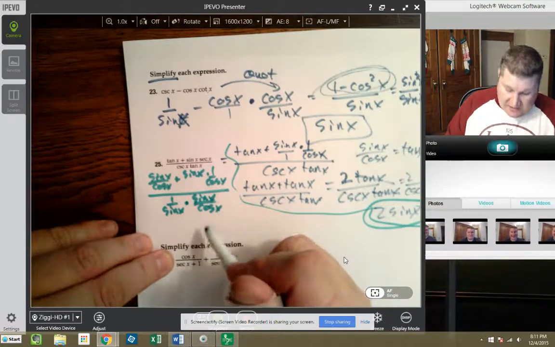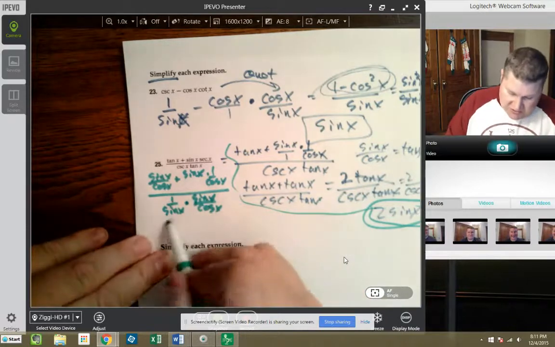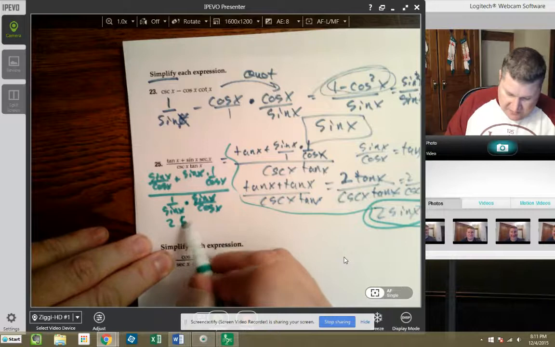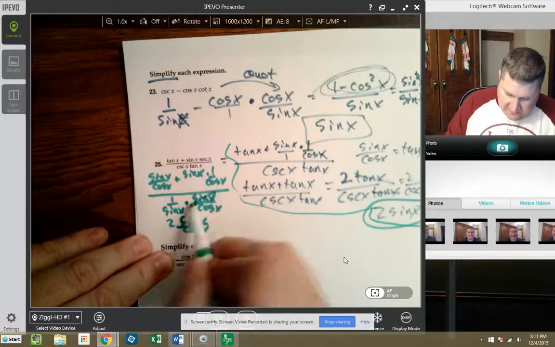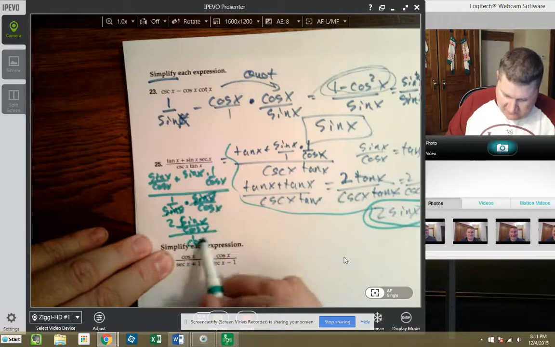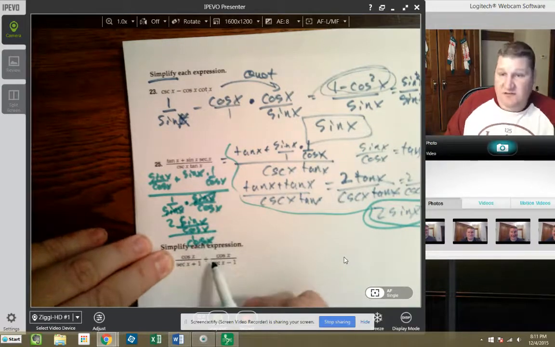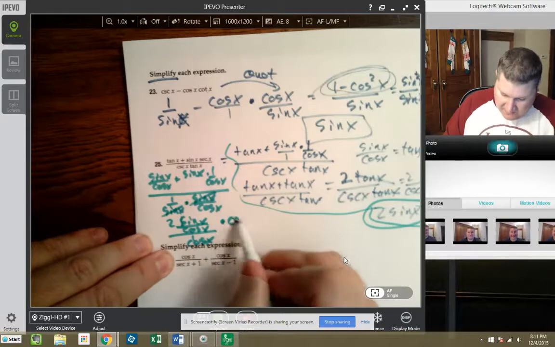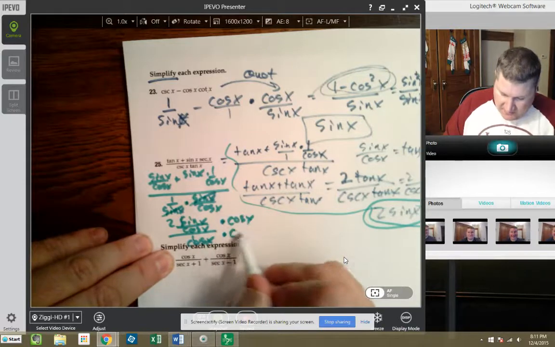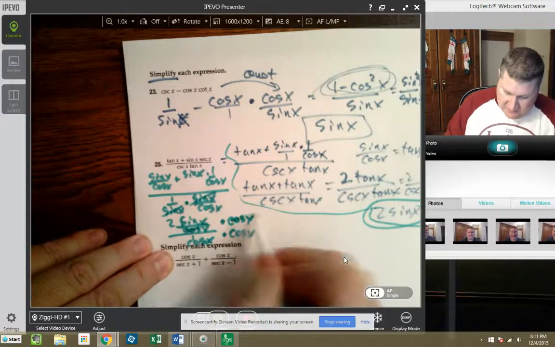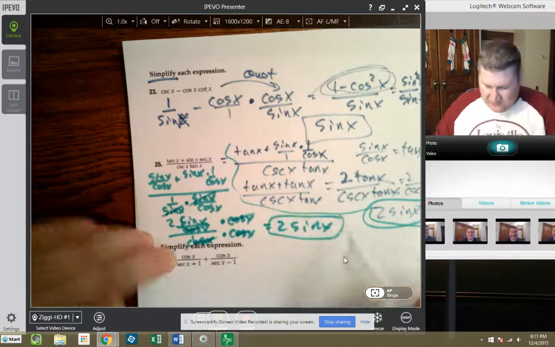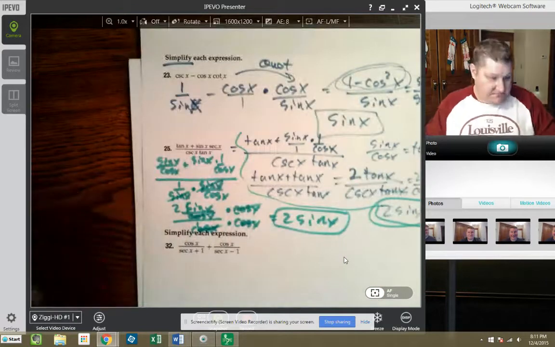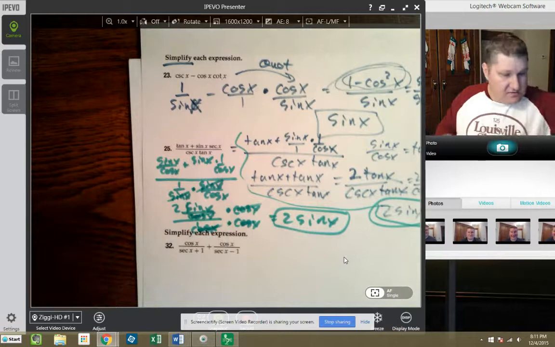And if that's the case, we're going to say 2 sine x over cosine x, cancel, cancel, over 1 over cosine x. And to get rid of the double fraction, I'm going to multiply top by cosine x and bottom by cosine x. Cancel, cancel, cancel, cancel, and I'm left with 2 sine x. So an entirely different way to do that problem. Now, let's take a look and go a little bit further here.